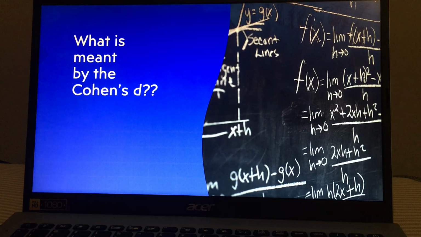We're going to go back to our statistical software to rerun this analysis, but this time when we go under the additional statistics heading, we're going to check the box next to effect size.